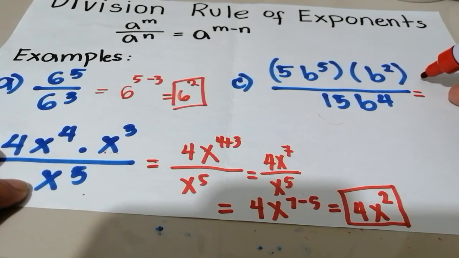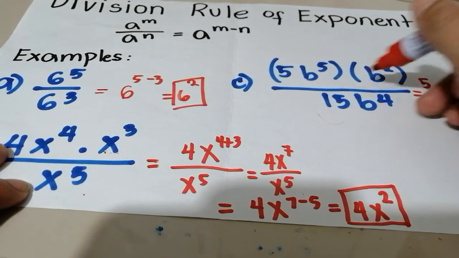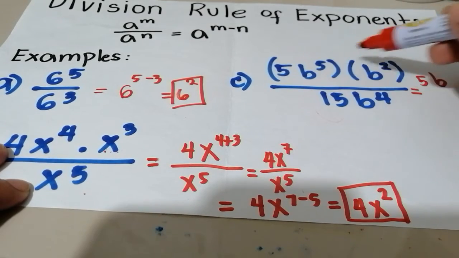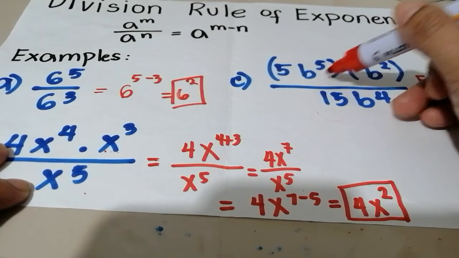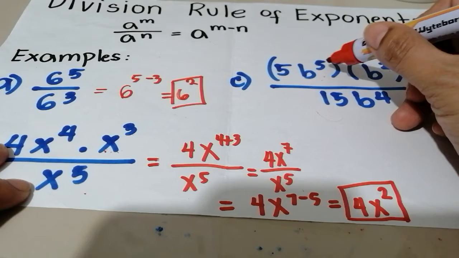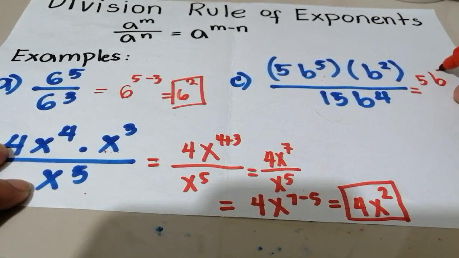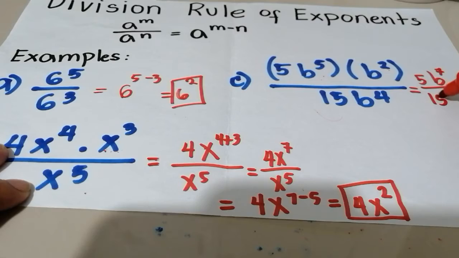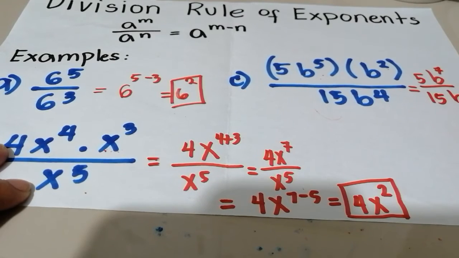So, kokopyahin natin yung 5 and then we copy b. And then, yung product rule is, we just have to add the exponents kasi nagmumultiply tayo dito. So, 5 plus 2 will be 7 over, kokopyahin lang natin yung 15 dito, and then b raised to the 4th power.